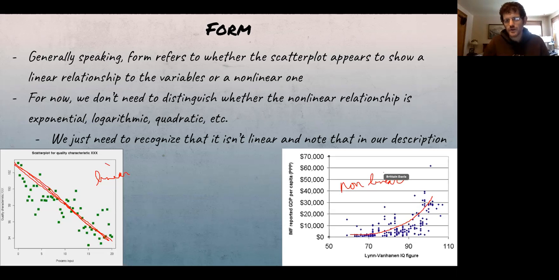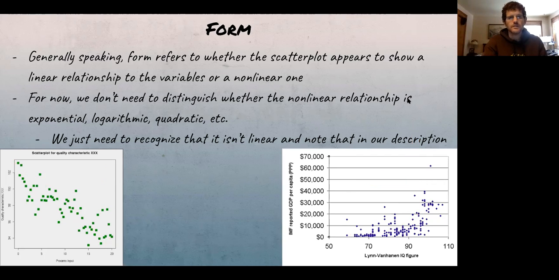So what we'd want to do is comment about that. If I ask you to describe this scatter plot right here, then you would say it's a positive, nonlinear relationship with an outlier. Now we haven't talked about the last bit of it, the strength, but honestly, if it's nonlinear, that kind of negates the last part of it.